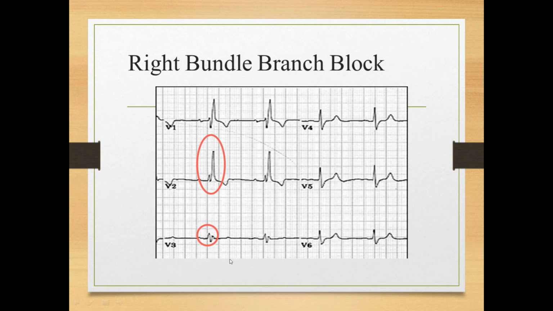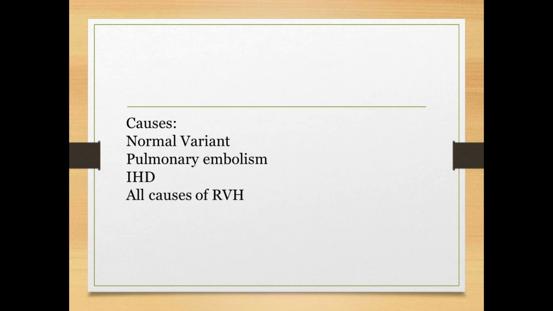Causes are a normal variant, pulmonary embolism, ischemic heart disease, and all causes of right ventricular hypertrophy, like COPD and right heart failure.